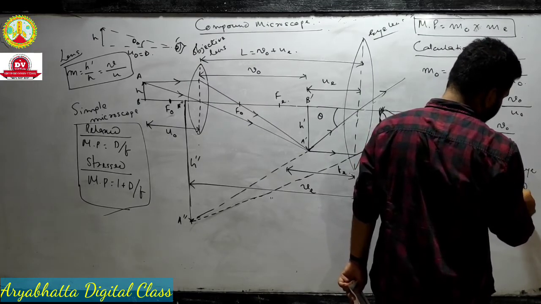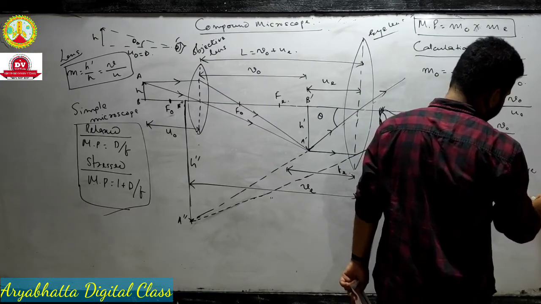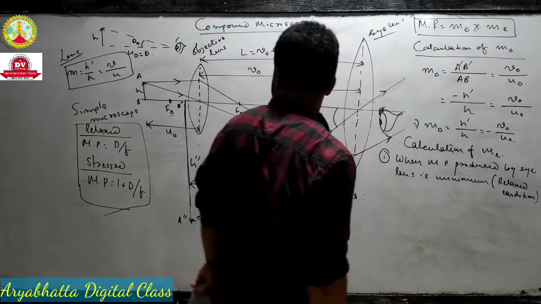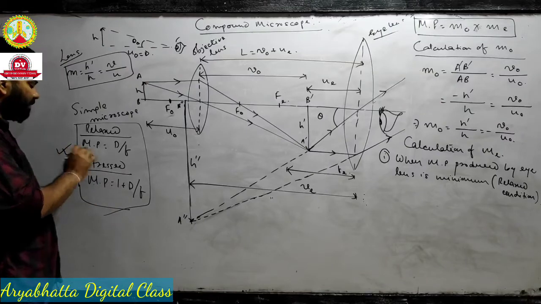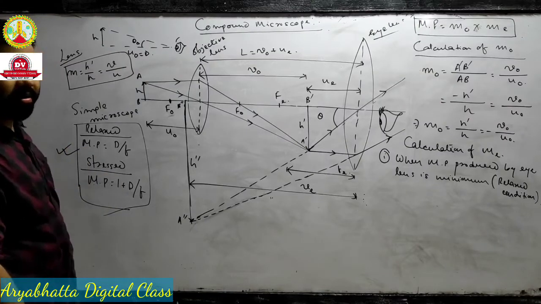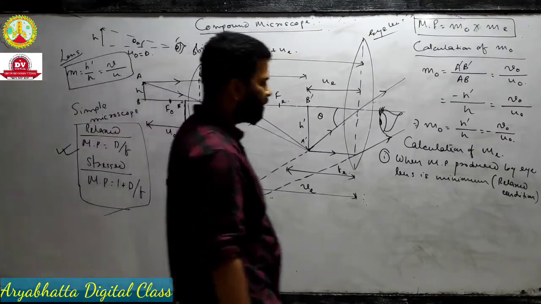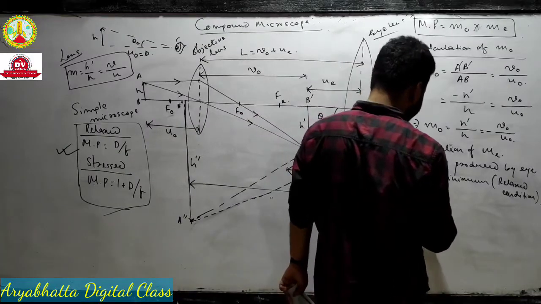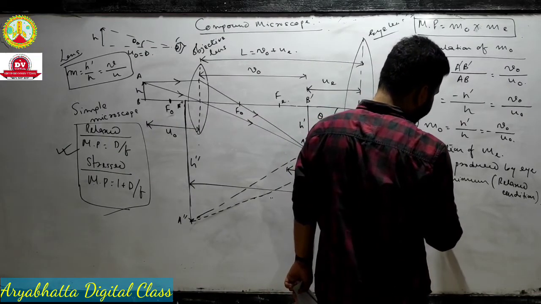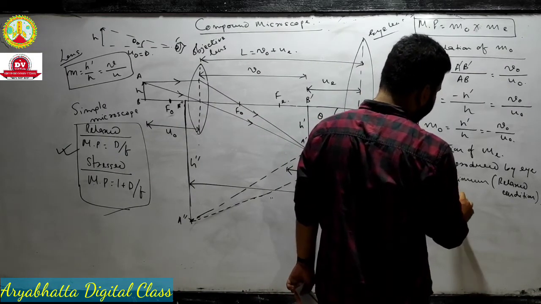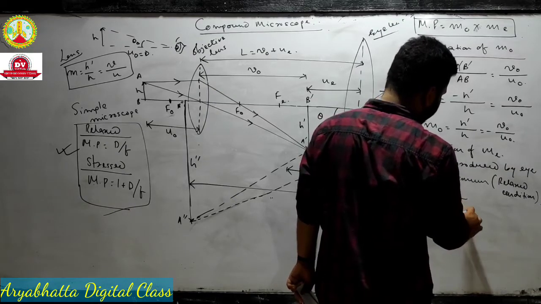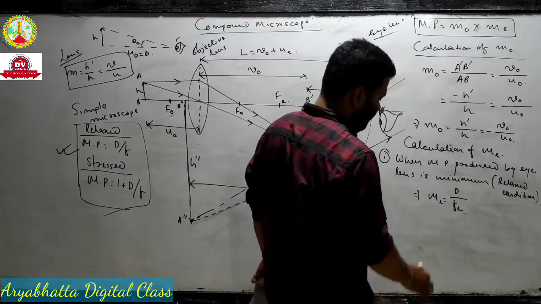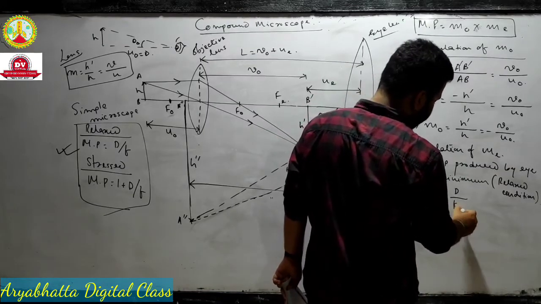For the relaxed condition, for a simple microscope, what is the formula of magnifying power? The magnifying power is D by F. So we will write here that ME is equal to D divided by F, meaning the focal length of the eyepiece, so this is F suffix e.